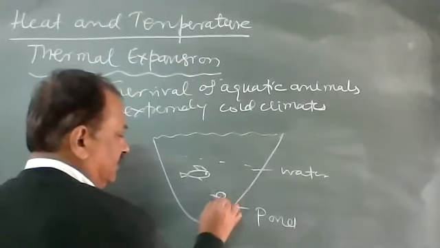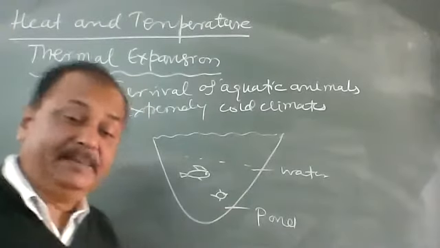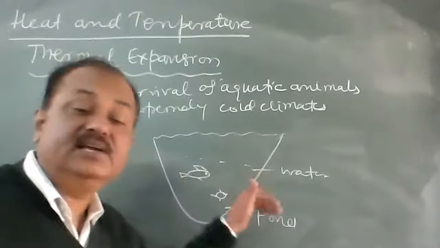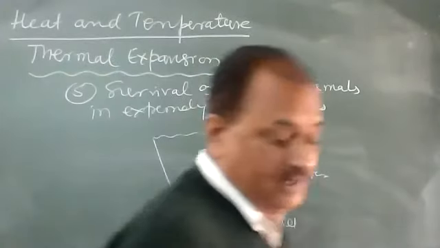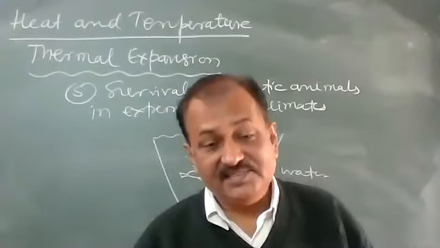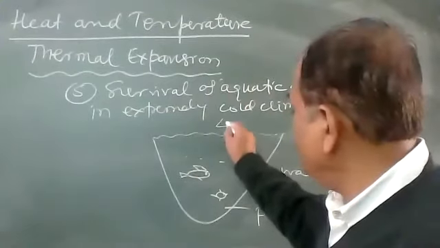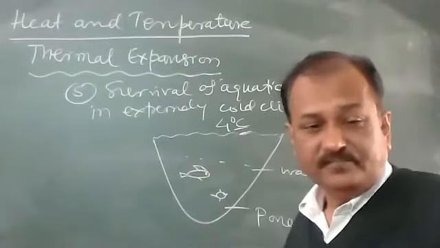There can be turtles also. There can be grasses also. So what happens when the temperature starts lowering? At a particular temperature, at 4 degrees Celsius, water has maximum density.